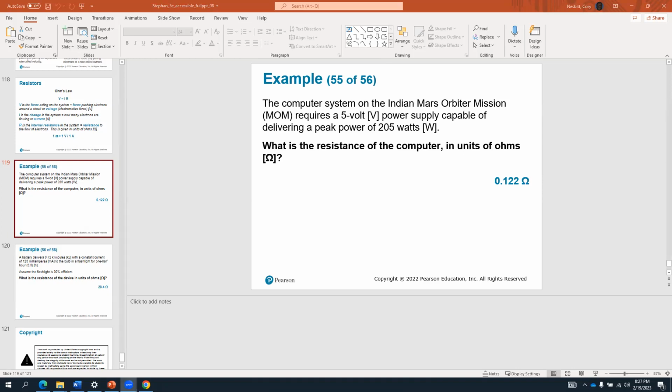Using Ohm's law, we know that V is equal to IR. We know that P is equal to VI. Right?